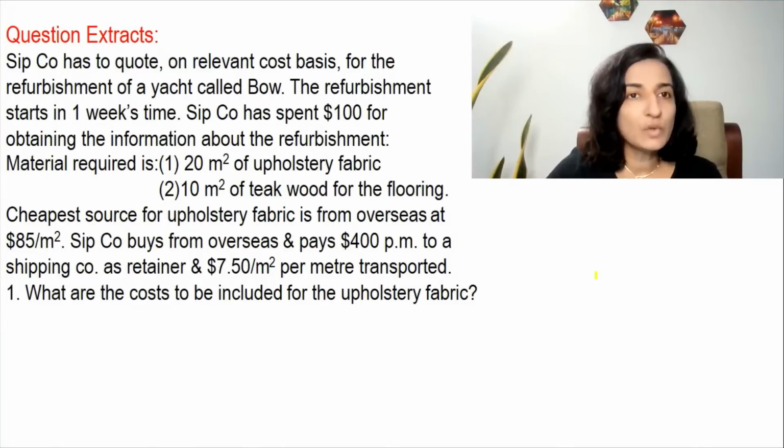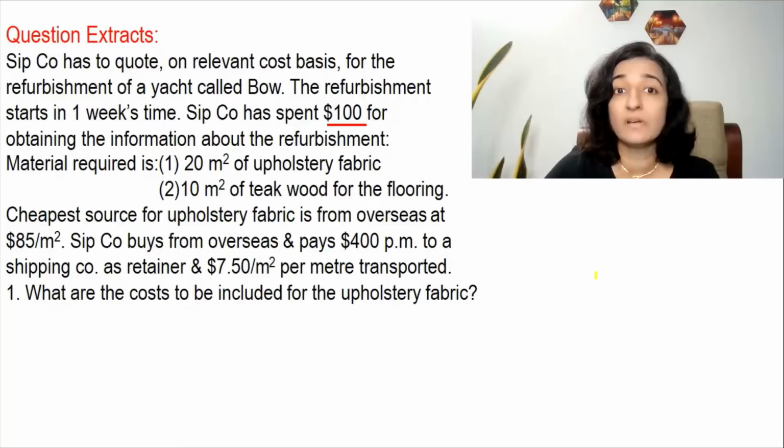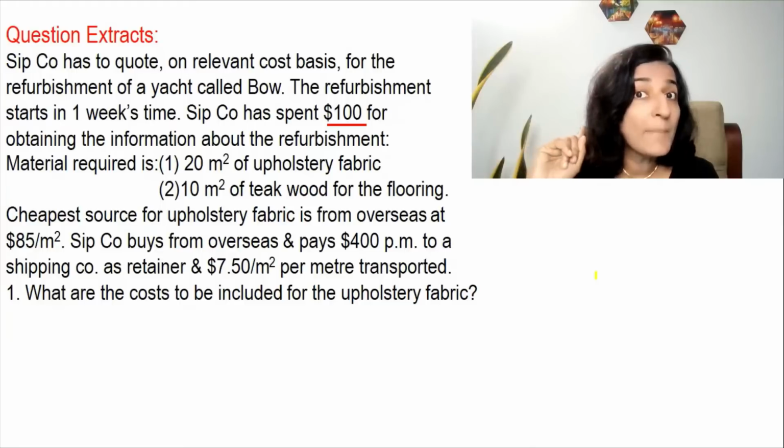SIP company has to quote on relevant cost basis for the refurbishment of a yacht called Beau. Refurbishment means renovation. The refurbishment starts in 1 week's time. SIP company has spent $100 for obtaining the information about the refurbishment. It has already spent $100, which means that it is a past cost.